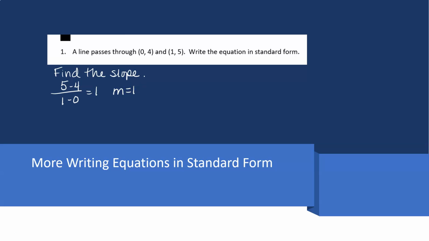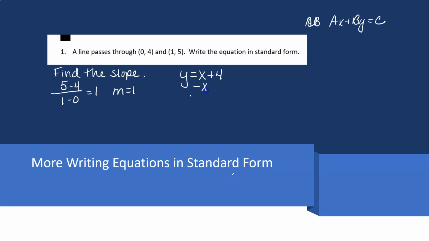And I'm going to use slope-intercept form here because that (0, 4) is already my y-intercept. So if I put this into slope-intercept form, slope is 1, and my y-intercept is 4. So there I'm already in a format. Okay, so now all I need to do is move it around so it looks like this.